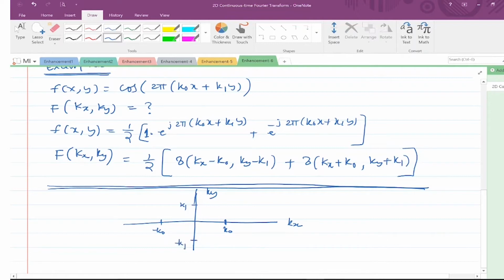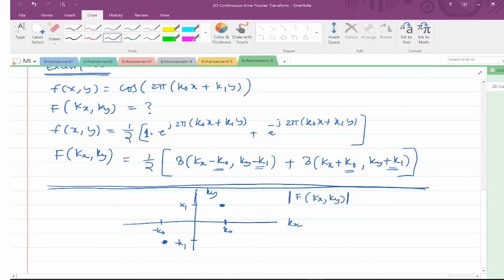You have one impulse at k naught and k1. So here you have an impulse multiplied by, of course, 1 by 2, and another one at minus k naught and minus k1 at this location. Of course, the value here will be scaled by 1 by 2.